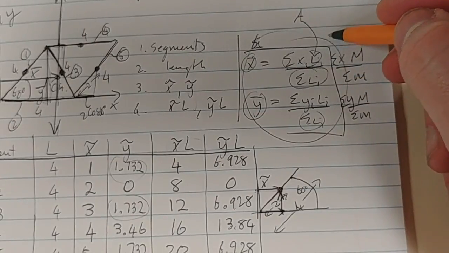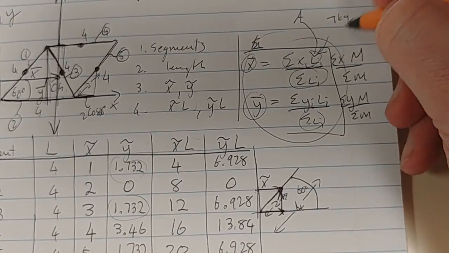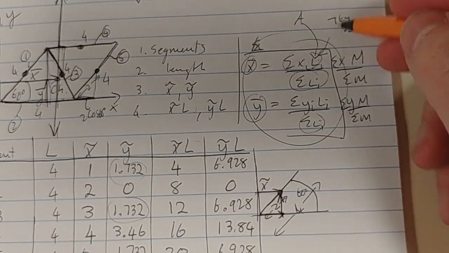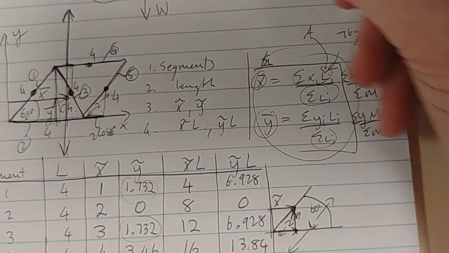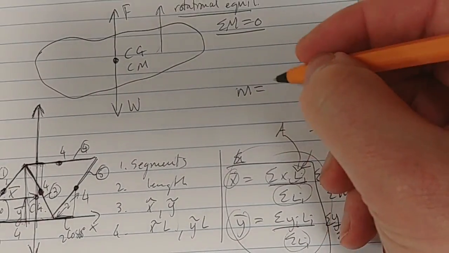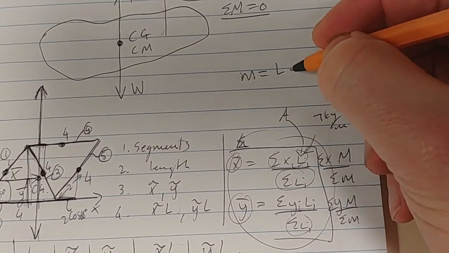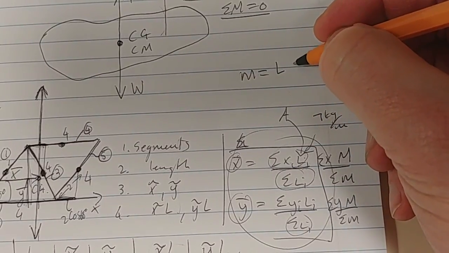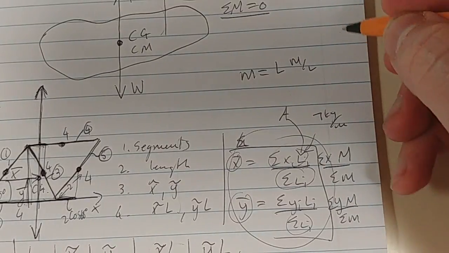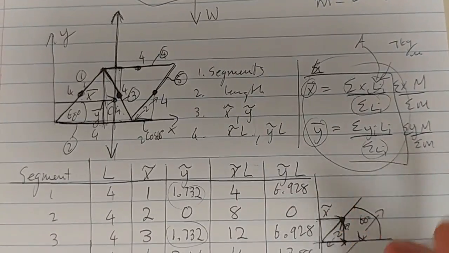All they did was multiply this length by the 7 kilograms per meter. The mass is equal to the total length times the mass per length, so they substituted that in and got exactly the same answer.